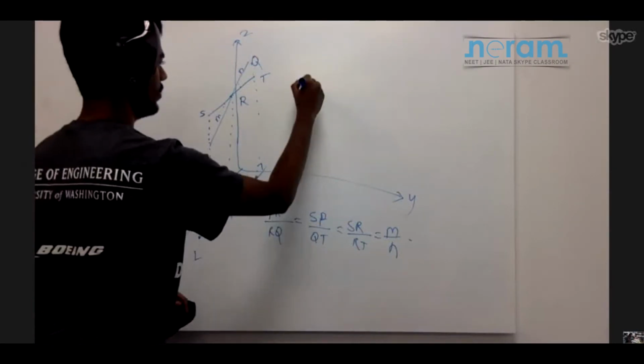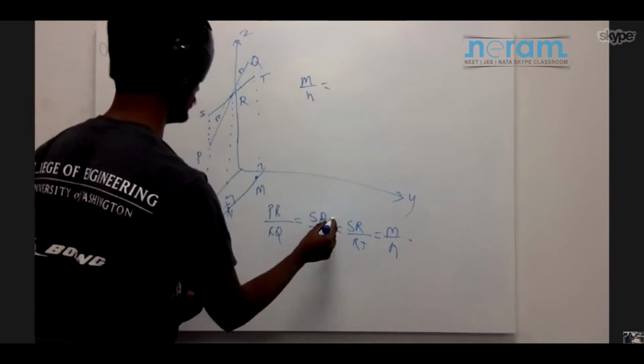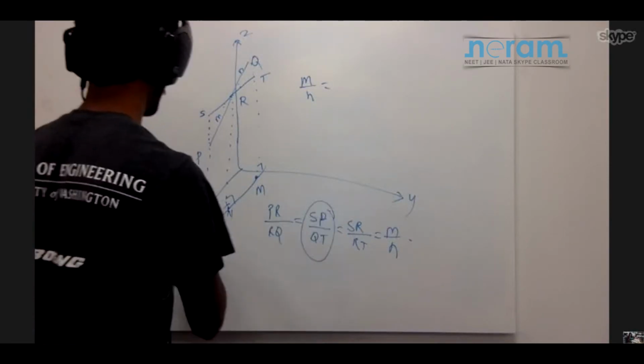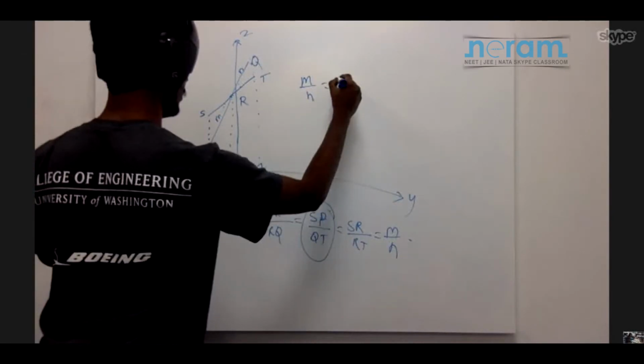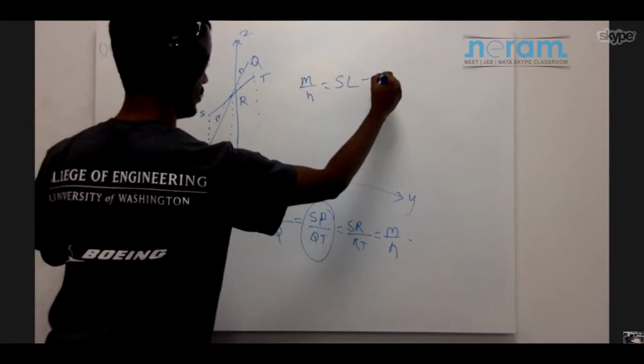So from this, M divided by N, let's just consider this part. SP can be written as SL minus PL.